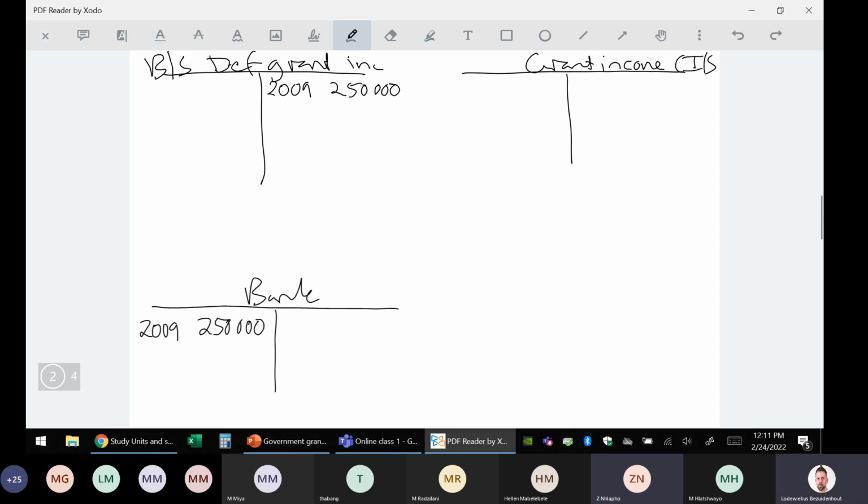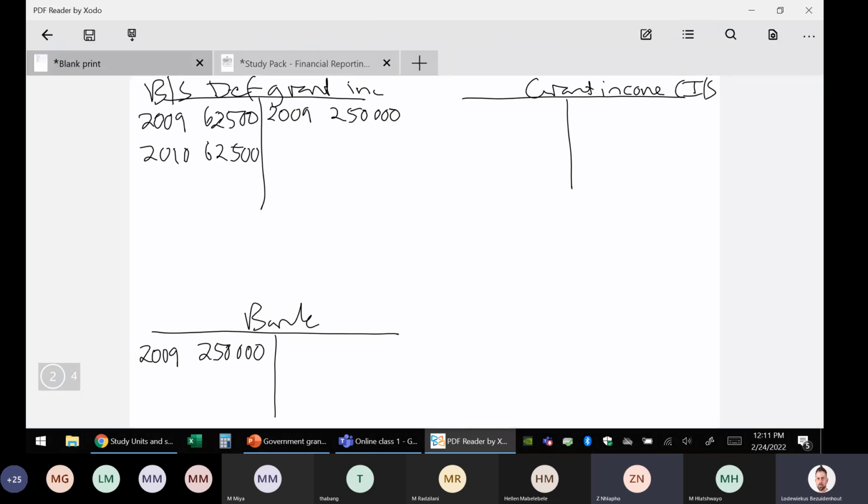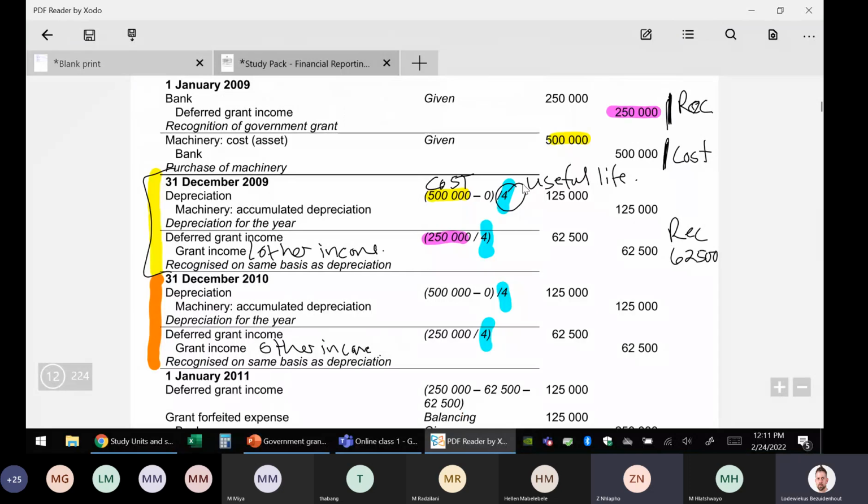Right, in 2009, we recognized 62,500. In 2010, we recognized 62,500. Remember, we've only had 2 years, year 1 and year 2. So each year we recognized 62,500 from deferred grant income to the grant income.